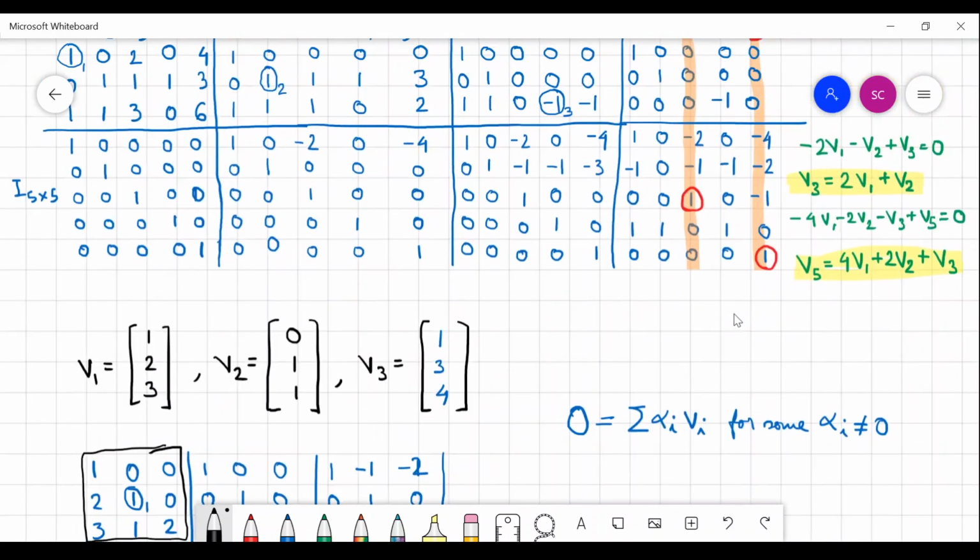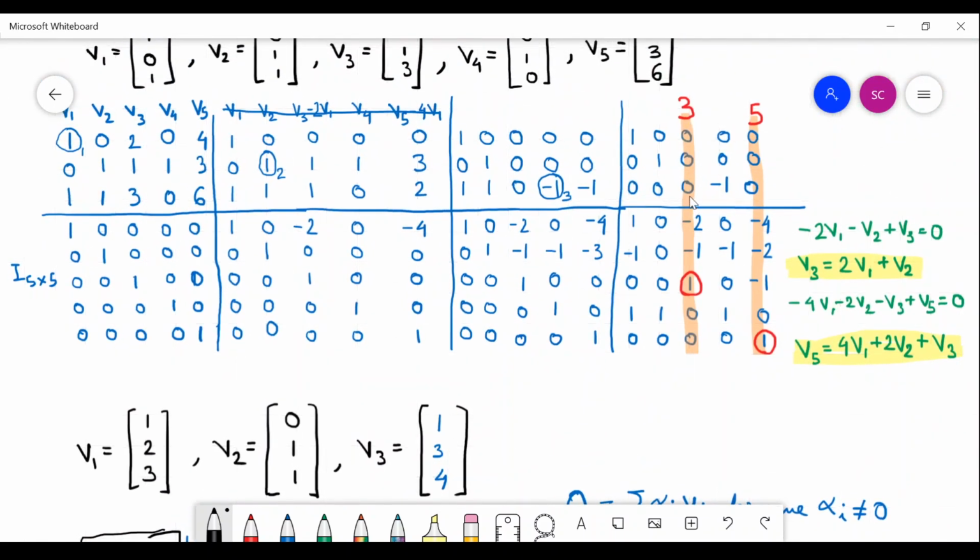If you get a 0 column at the top, that means that vector is not independent. So at the end of the algorithm, as many non-zero columns as you get at the top, that many independent vectors are there in the set of vectors you begin with.